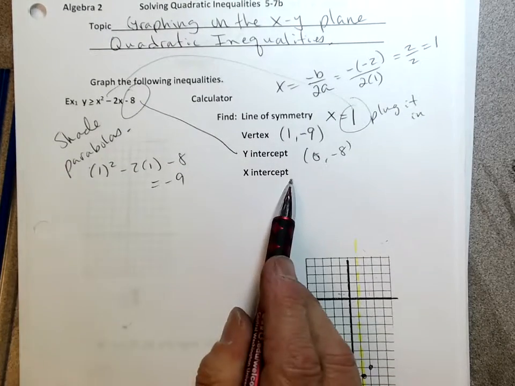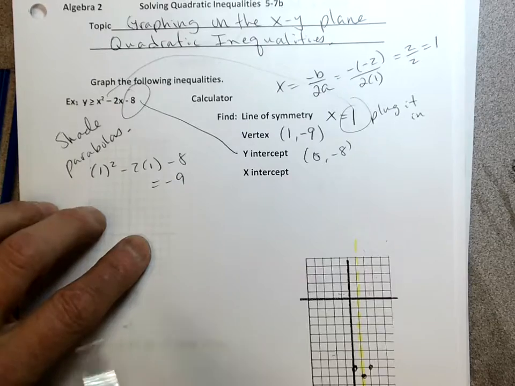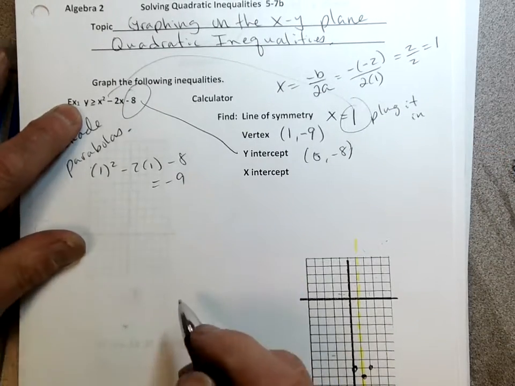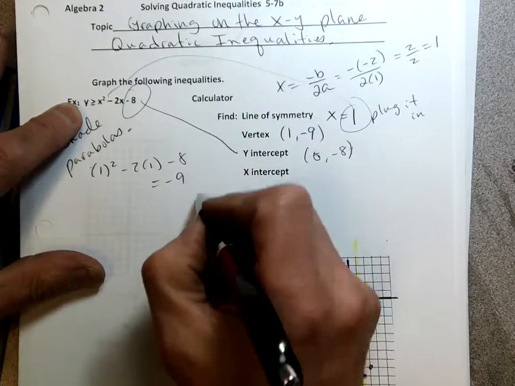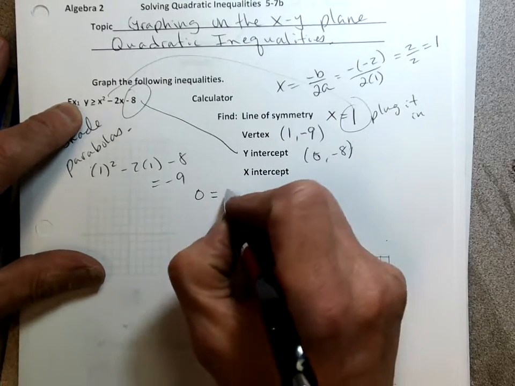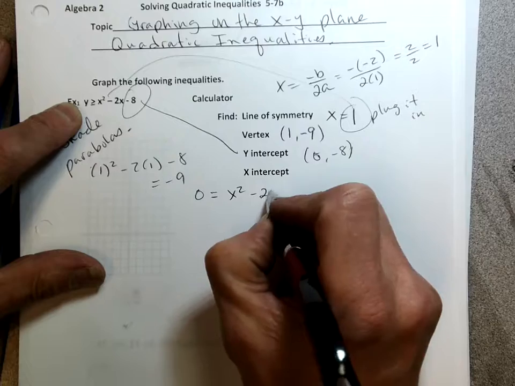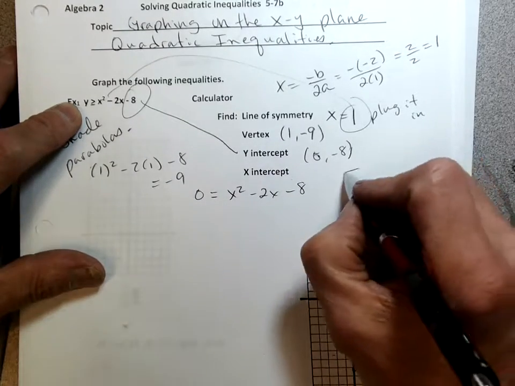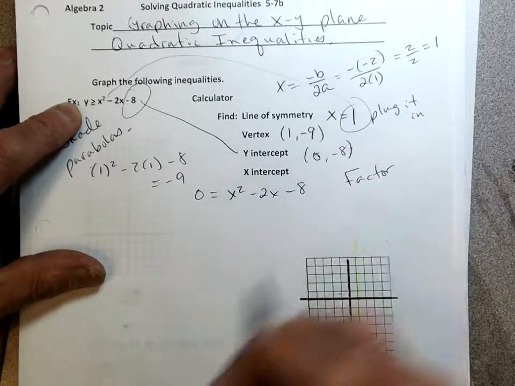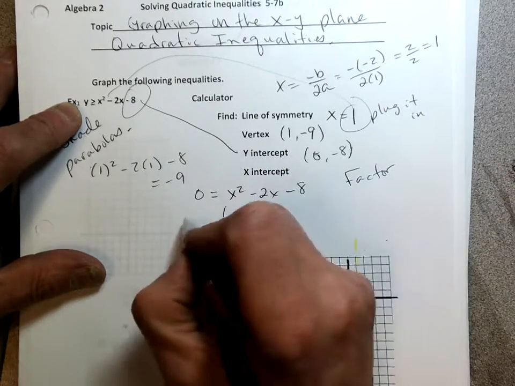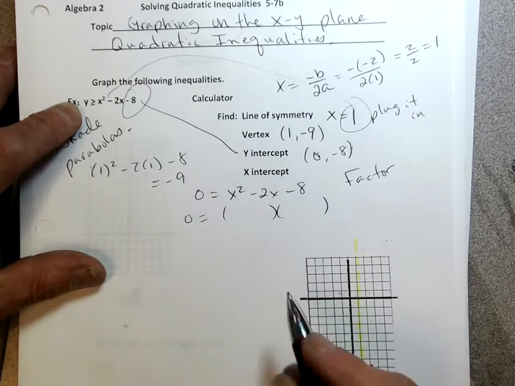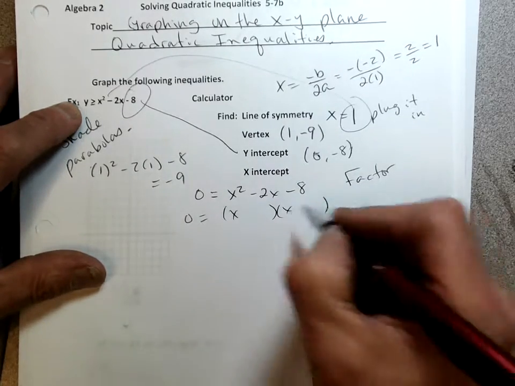X-intercepts is when y equals 0. So if I make y 0, I get 0 equals x squared minus 2x minus 8. Let's factor. 0 equals parentheses, x and x.